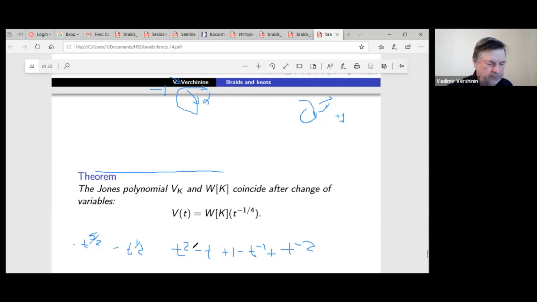Sorry, I am looking for the calculation that I wanted, for the trefoil.